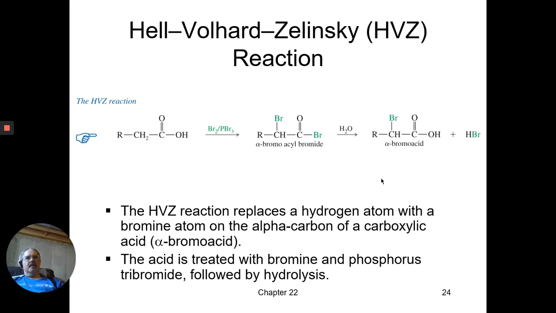The downside, though, is that this reaction and the substitution using ammonia are not stereoselective, so you're going to get a racemic mixture. Whereas if you want to synthesize proteins, they have to be optically active in most cases.